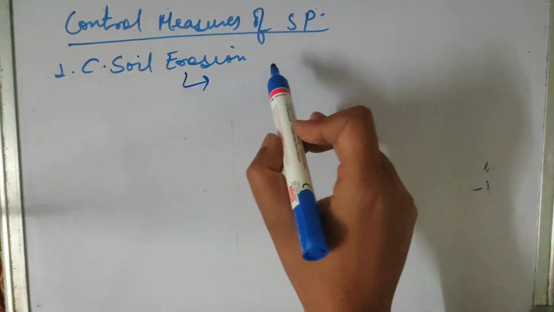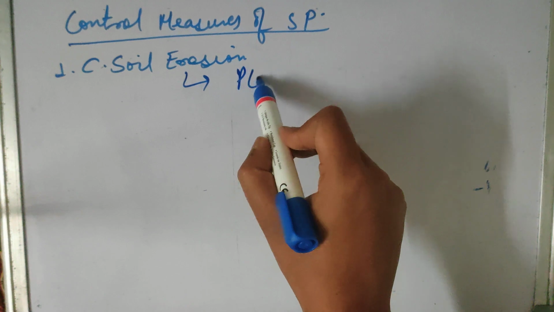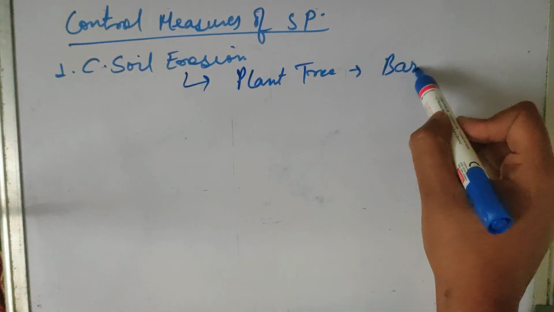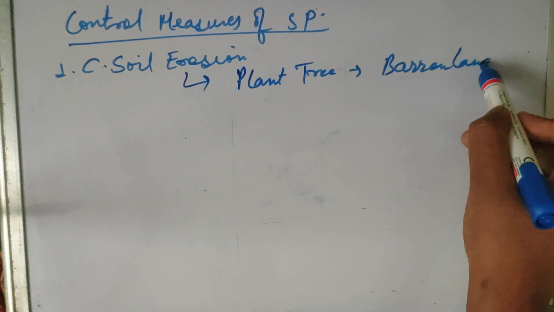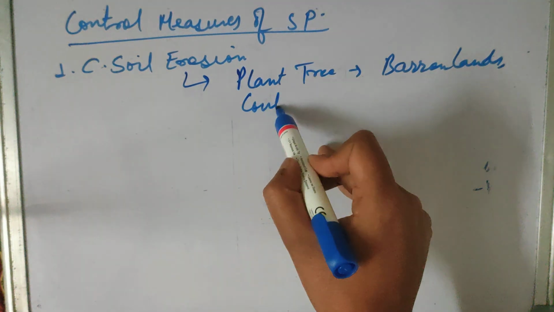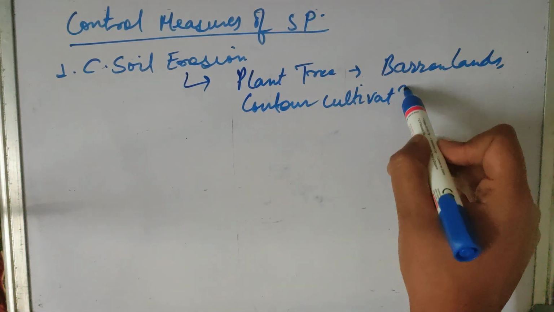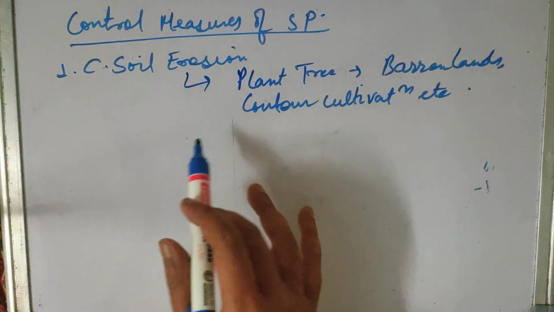But how can we control soil erosion? We can plant trees on barren lands. We can do contour cultivation, etc.